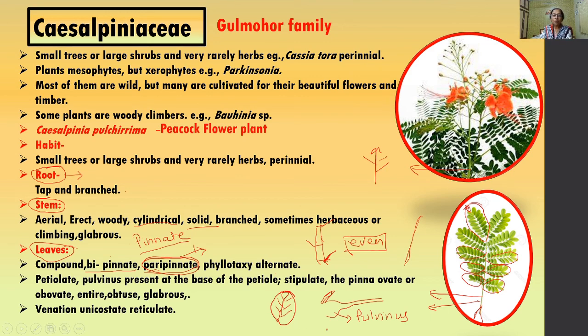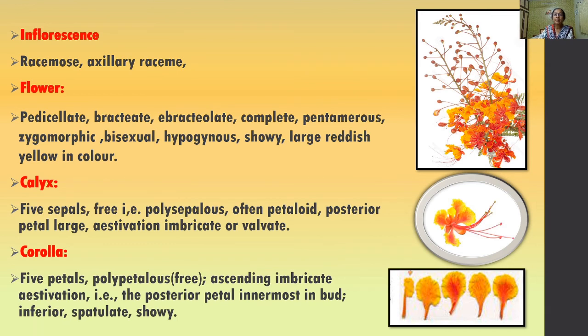Now, we will move on to the reproductive organs, that is the inflorescence. Inflorescence is nothing but the arrangement of flowers on the axis. On the basis of how the flowers are arranged on the axis, we describe the type of inflorescence. In this case, the inflorescence is of racemose type.